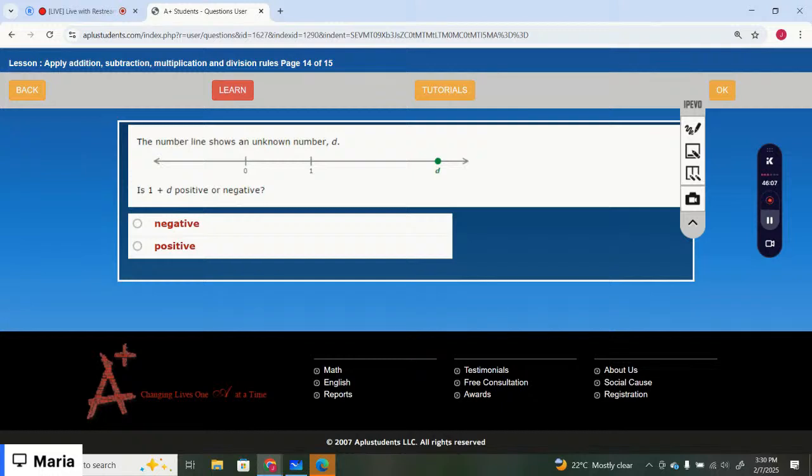The number line shows an unknown number d. Positive it is. Option number 2 is the correct option.